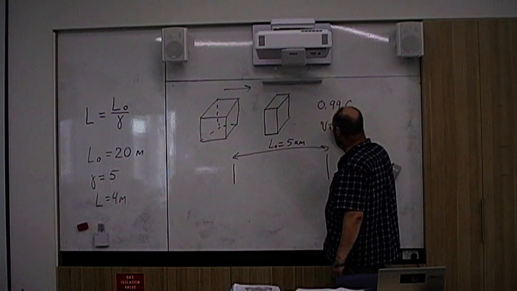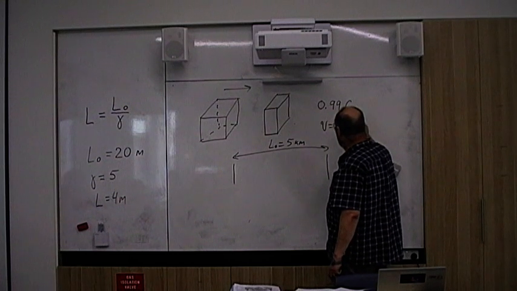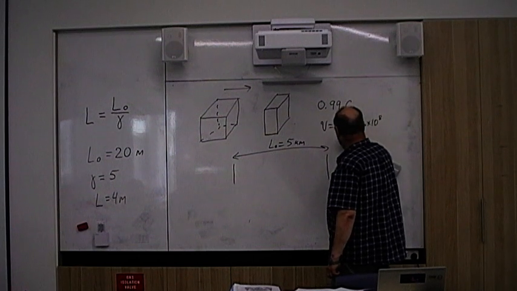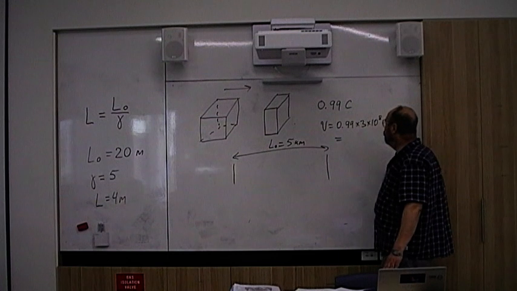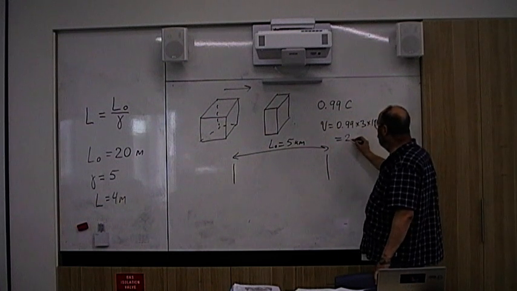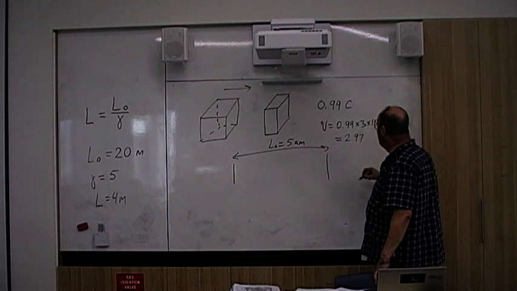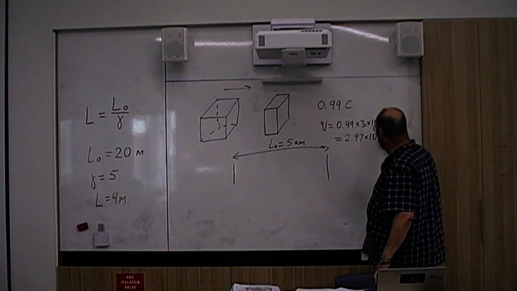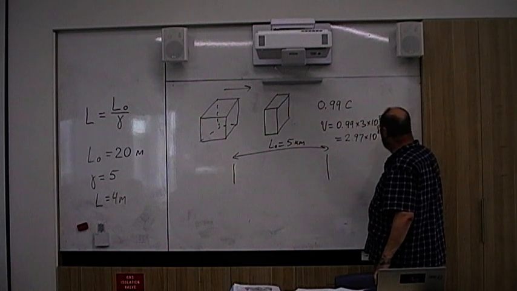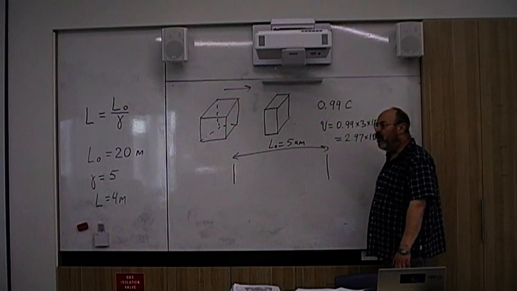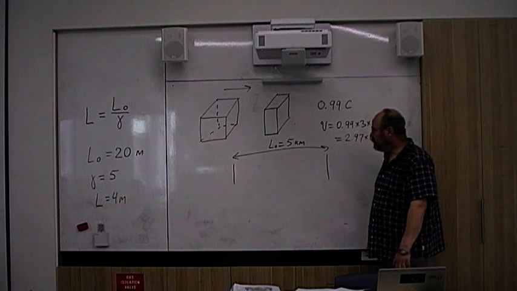So v equals 0.99 times 3 times 10 to the power of 8. That will be equal to 2.97 times 10 to the power of 8 meters per second. That will be the speed of the particle.